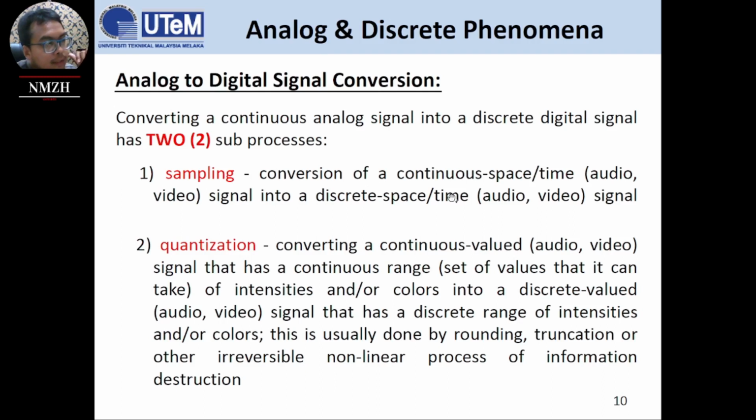Okay, quantization is converting continuous values. Remember, value. A signal that has a continuous range of intensity or color is converted into discrete. Intensity or amplitude means, when x is time, y is amplitude, intensity, or any number reflecting the amplitude of that particular x.